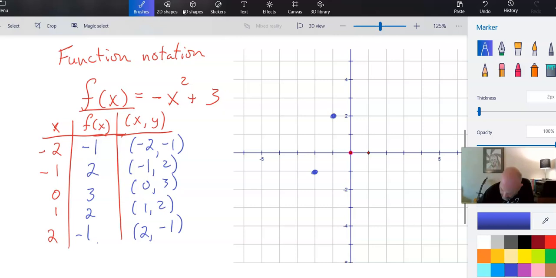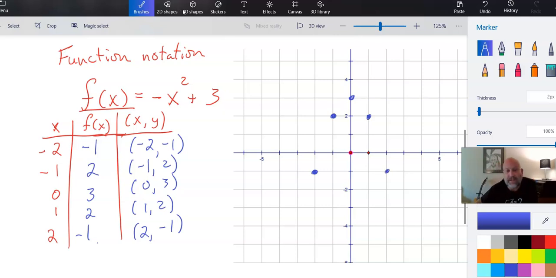And then we have 0, 3, so that's here. Well, those are definitely not on a straight line, are they? Everything we've graphed so far has been a straight line. This is not a straight line, you can tell. And then we have the point 1, 2, and then 2, negative 1.